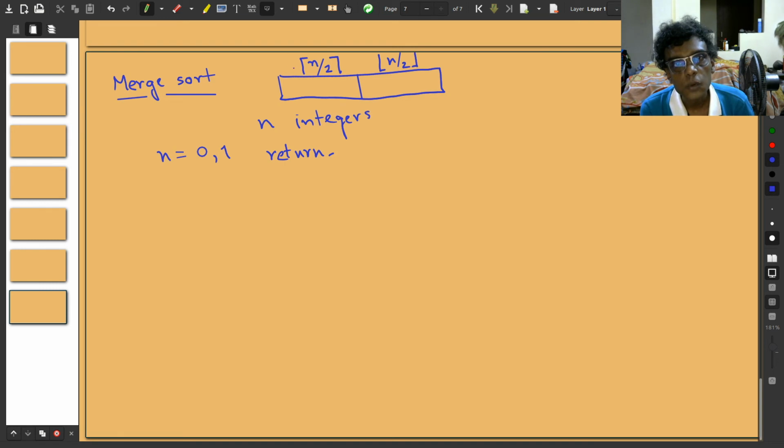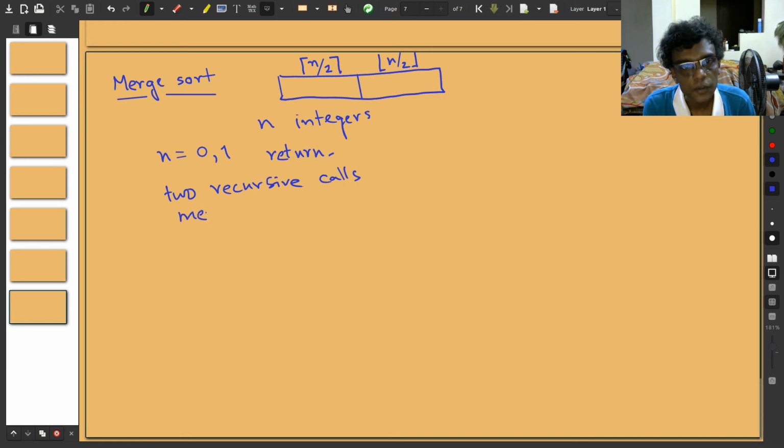Then we make two recursive calls on this part and this part, and the recursive calls give the sorted first half and the sorted second half. And then you simply merge using a procedure that I hope you remember. So recursively sort, two recursive calls on each half, and then this is followed by a merging process.